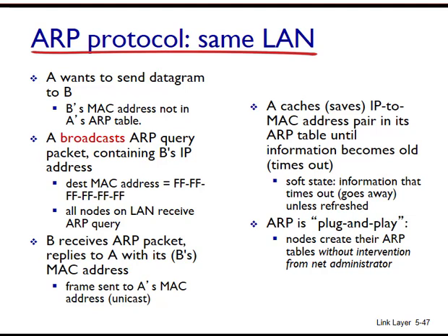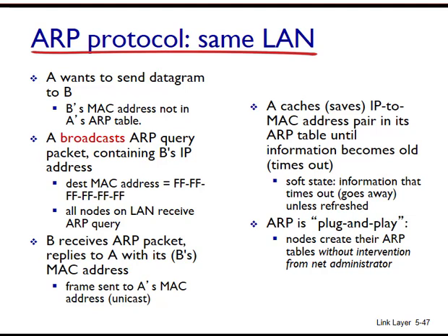The one with a match sends back to the querying host a response ARP packet with the desired mapping. The querying host 222.222.222.220 can then update its ARP table and send its datagram encapsulated in a link layer frame whose destination MAC is that of the host or router responding to that earlier ARP query.